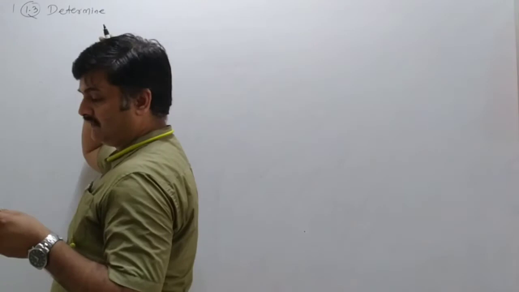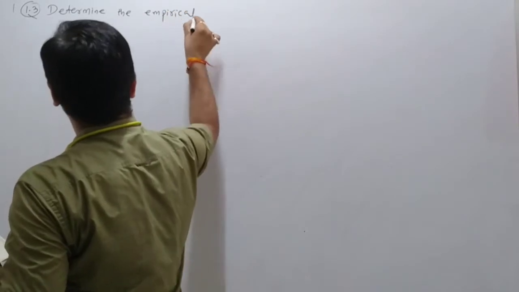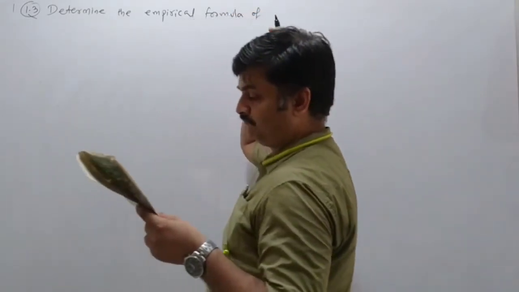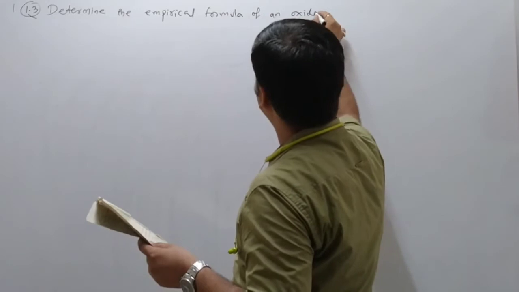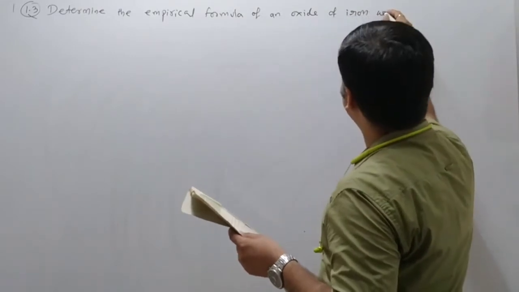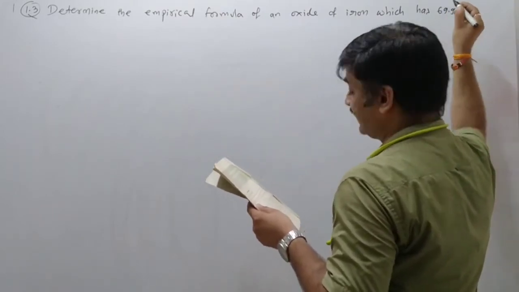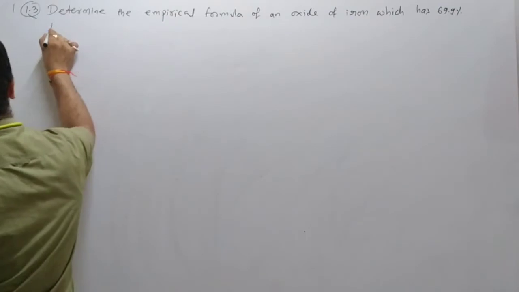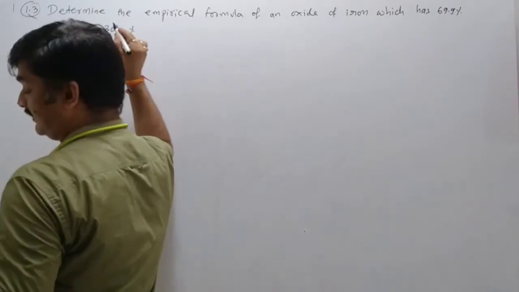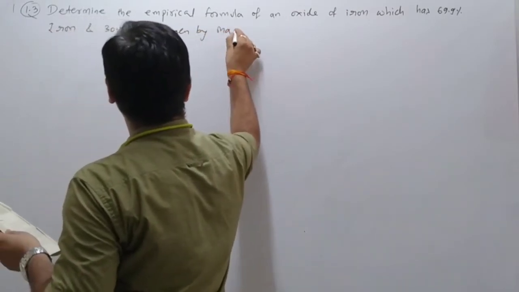Determine the empirical formula of an oxide of iron which has 69.9% iron and 30.1% dioxygen by mass.